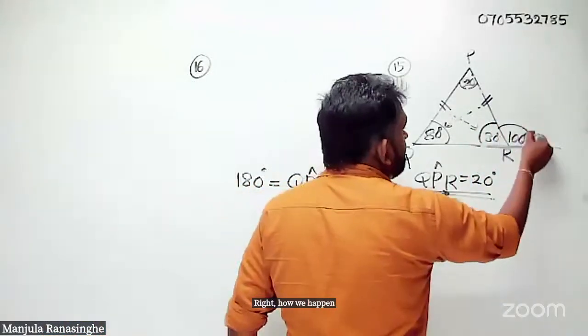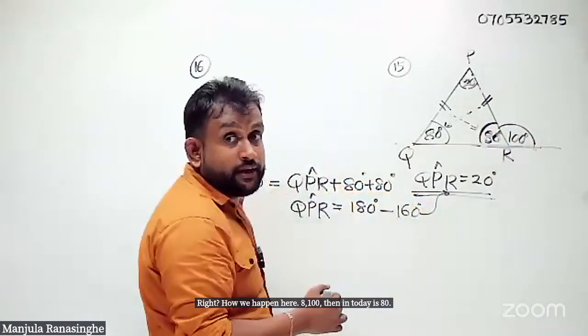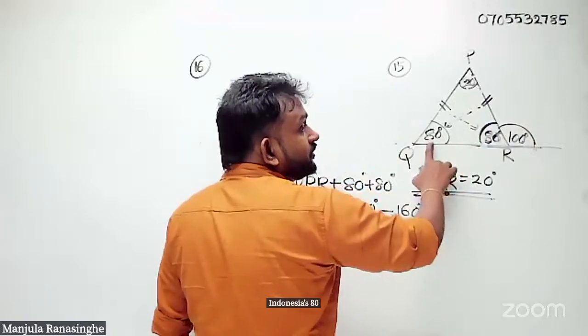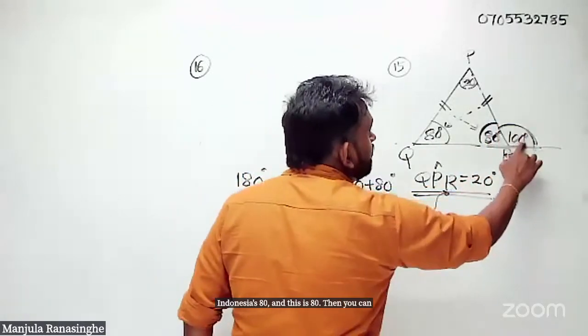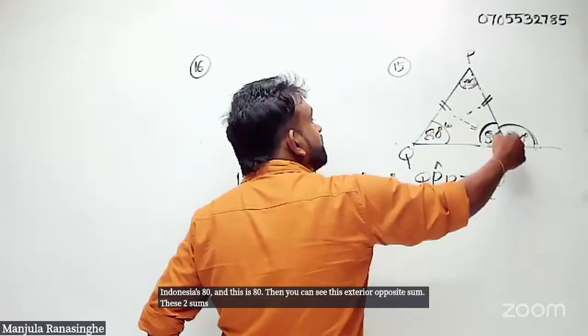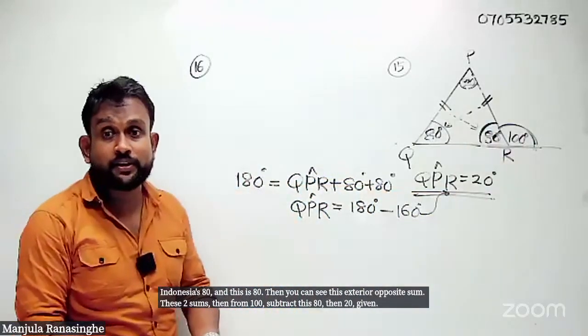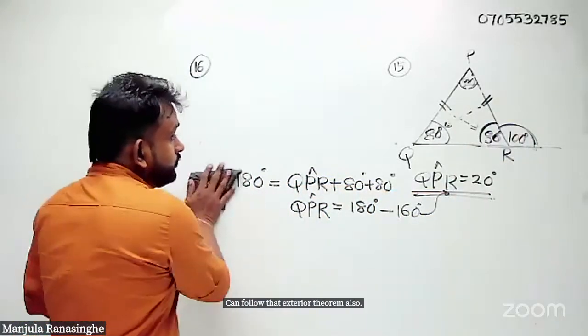Here 80, 100, then the interior is 80. This exterior angle equals the sum of the interior opposite angles. Then from 100 subtract this 80, and you get 20. You can follow the exterior angle theorem also, no problem.